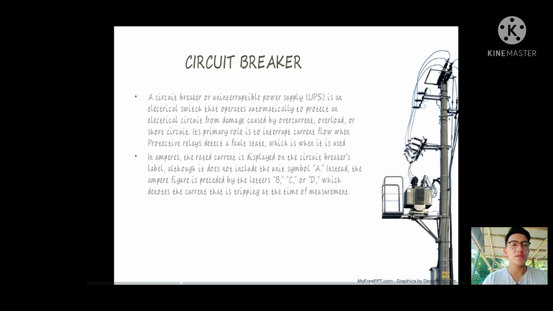When it comes to letter C, the tripping current is 5 to 10 times full load current, and the operating time is 0.04 to 5 seconds. And the last one, for our type D, the tripping current is 10 to 20 times full load current, and the operating time is 0.04 to 3 seconds.